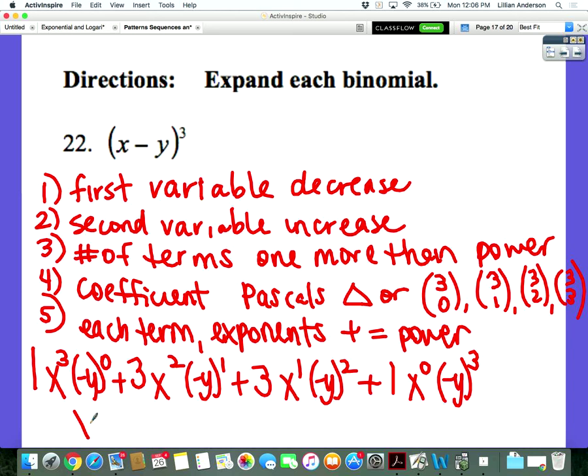So my answer is x to the third minus 3x squared y plus 3xy squared minus y cubed. If it is a minus in the original binomial, the sign is going to alternate.